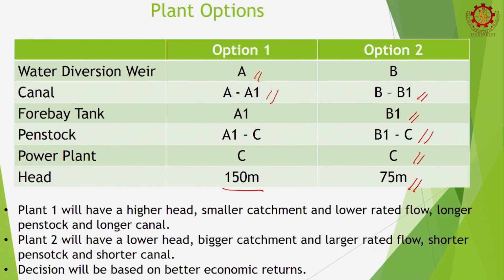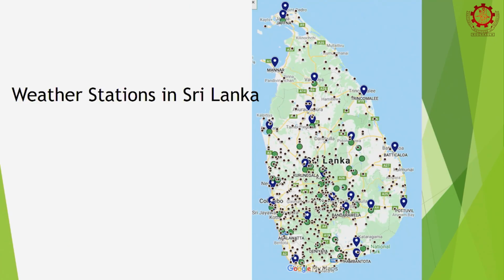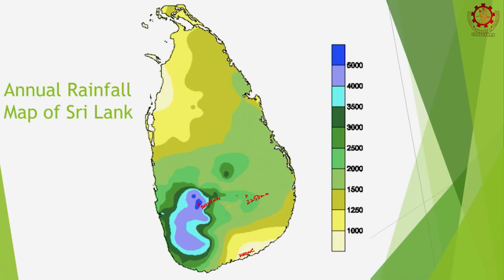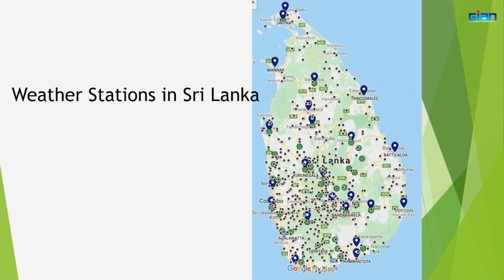But these maps will be very approximate. If you are lucky, you can give a call to the weather stations and check where the nearest rain gauge to this site is.